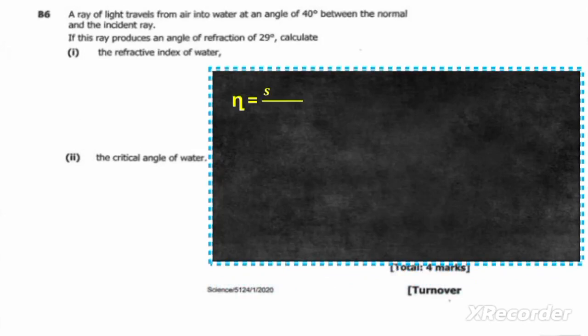We are going to say refractive index is equal to sine incident angle divided by sine refractive angle. What have we been given according to our question? A ray of light travels from air into water at an angle of 40 degrees.